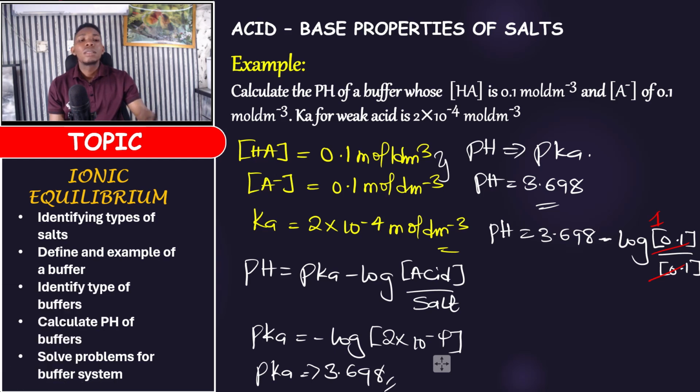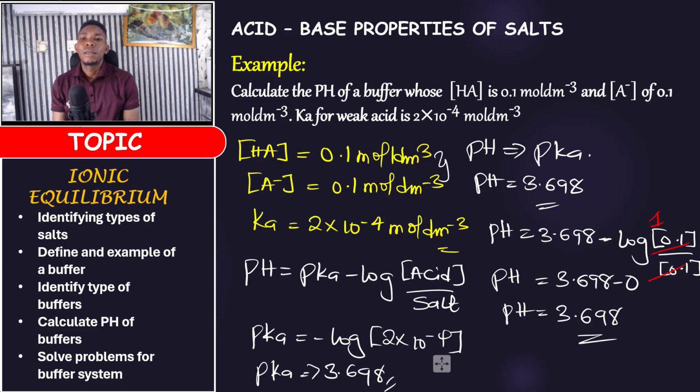It gives us 0. Are you getting it now? So pH will be 3.698 minus 0. pH will be 3.698. Is that okay? So that will be the pH of that solution. It's kind of very easy, right? Let's see the next one quickly.